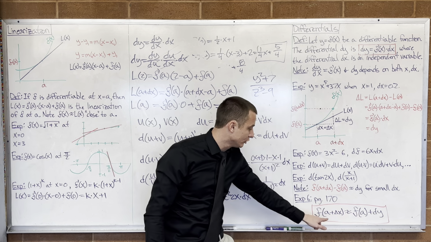So he says the radius r of a circle increases from 10 meters to 10.1 meters. So I've got some circle, and somehow I can inflate it. I'm not sure how to make this physical. But my circle grows a little bit from 10 meters in its radius to 10.1 meters.